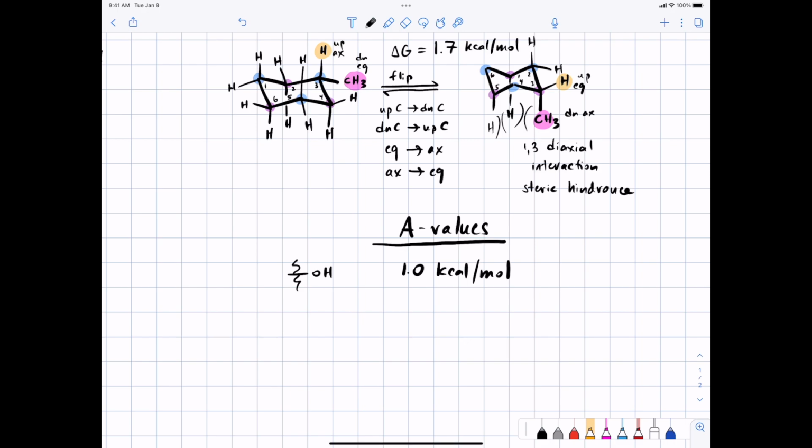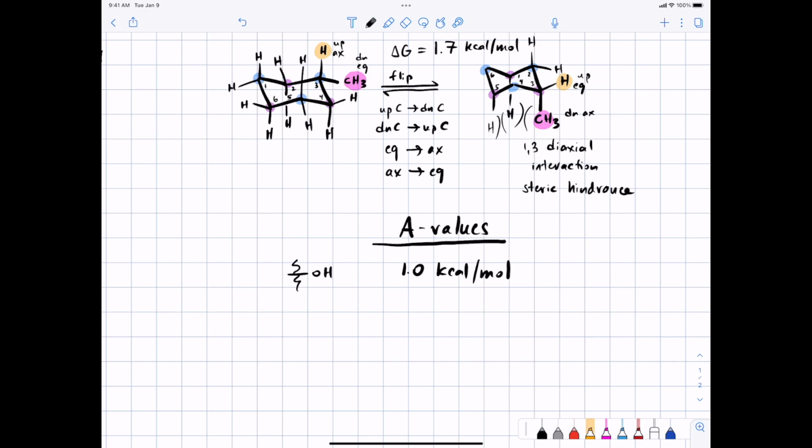Just to put things in context, if you remember delta G equals minus RT ln K, at room temperature, a difference of 1.36 or 1.4 kilocalories per mole equals a factor of 10 in equilibrium constant.